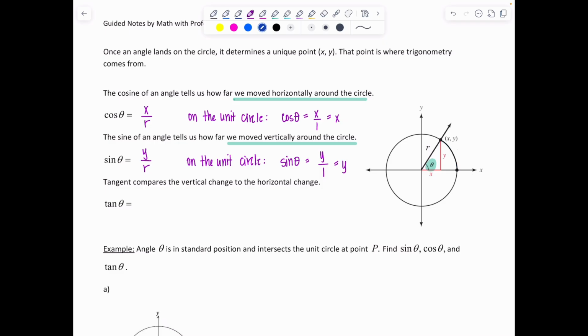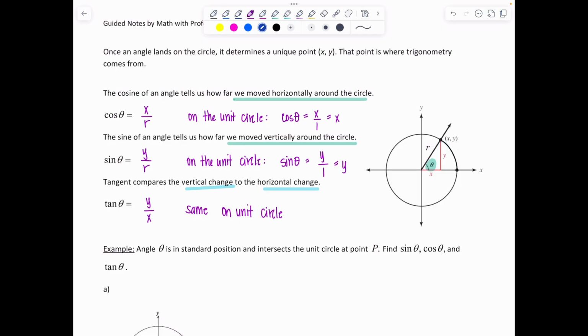Good. Now, tangent compares the vertical change to the horizontal change. So that's defined by the following ratio, y over x. Notice it doesn't involve r at all. So tangent of theta is defined exactly the same on the unit circle. It doesn't simplify further than that, okay?